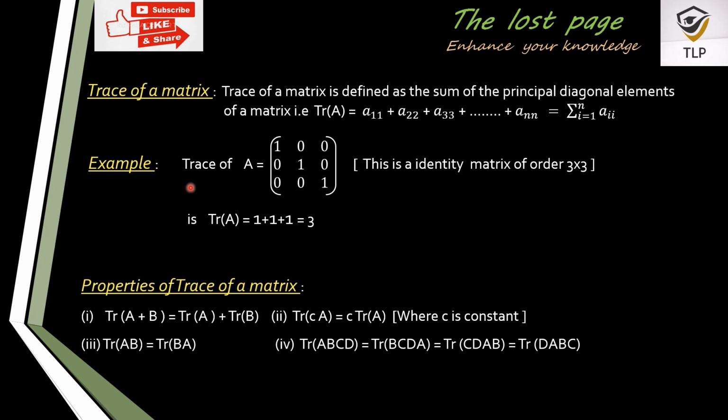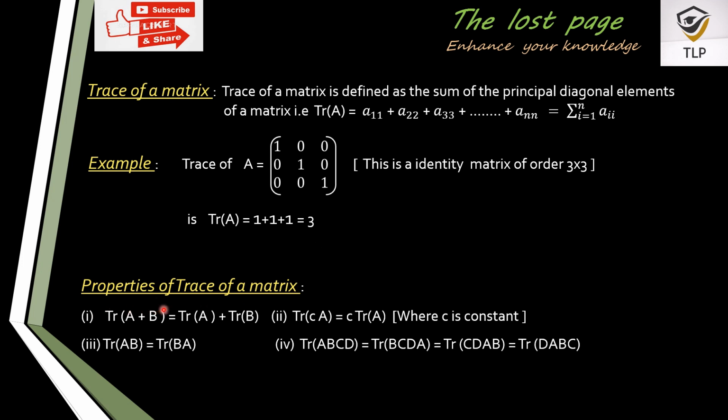For example, A equal to 1 0 0, 0 1 0, 0 0 1. This is called the identity matrix of order 3 cross 3. Trace A equal to 1 plus 1 plus 1 equal to 3.